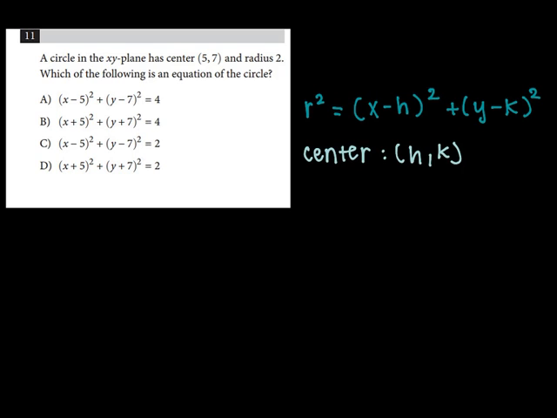So we see in this problem they give us two key components: the center (5, 7) and radius 2. So we can just plug it into our main equation and see what we get.